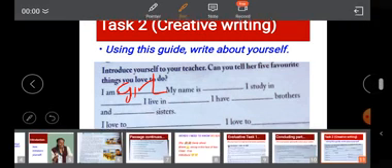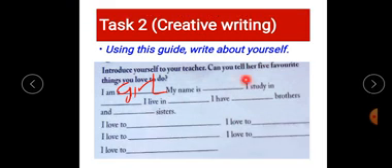I study in what school? Is it in Lagos? And what school? Crown Gate School, right? So you write it. I live in, where do you live? You write it. I have Dash brothers. Tell me the number of brothers you have. If you don't have any brother, just simply say, I have no brothers.